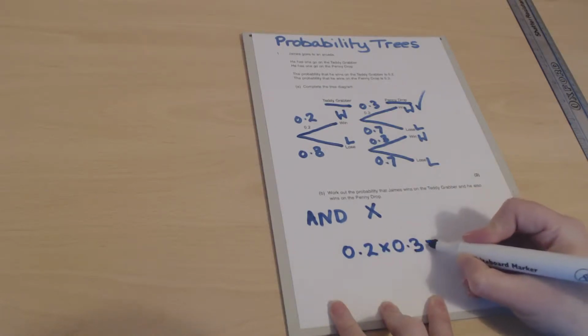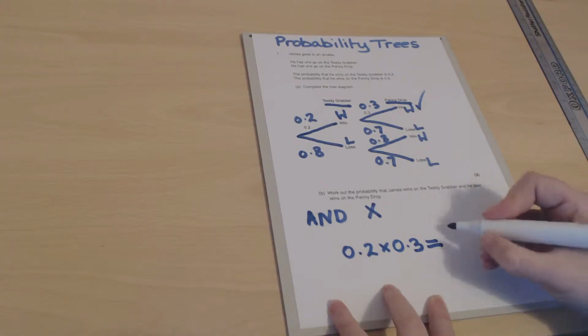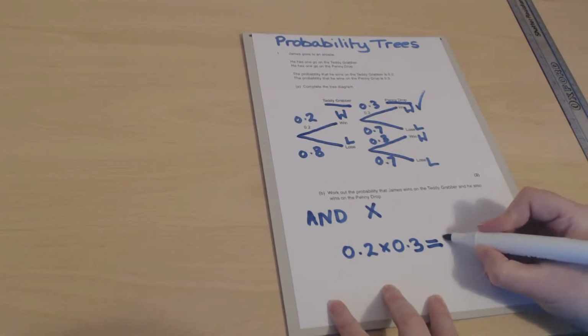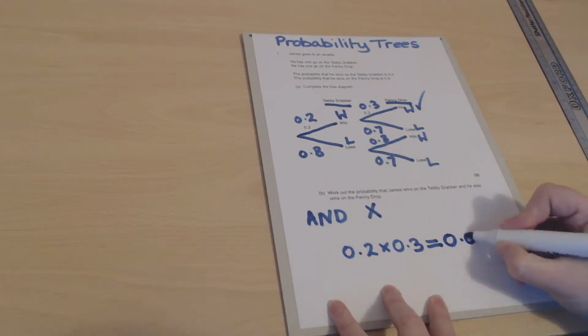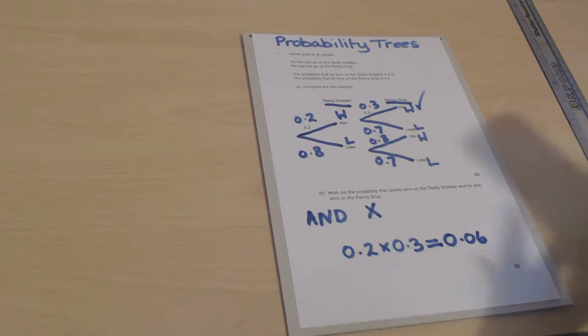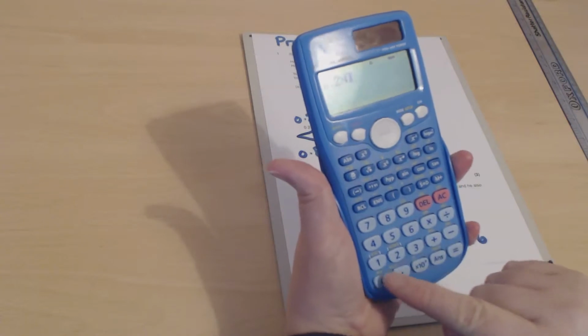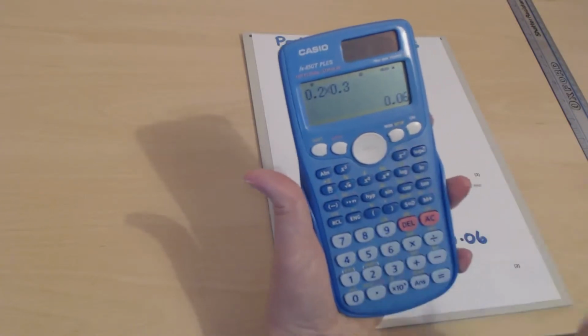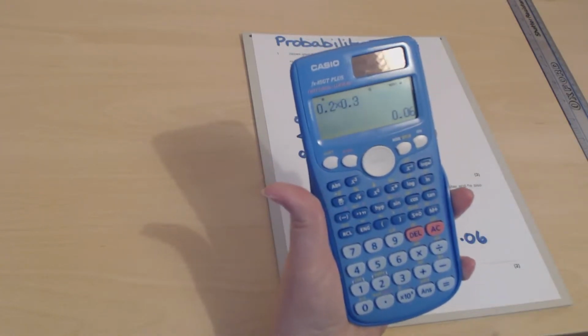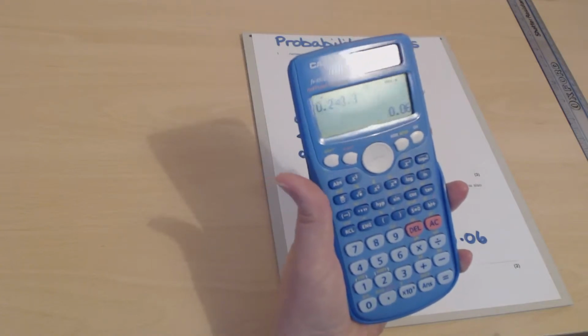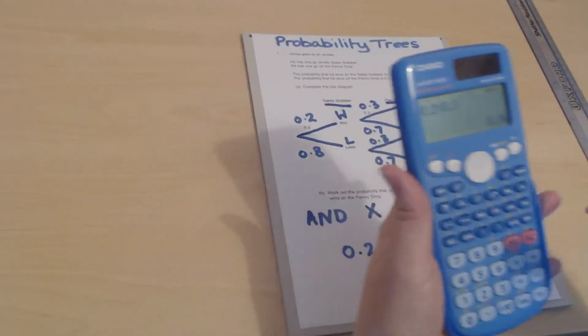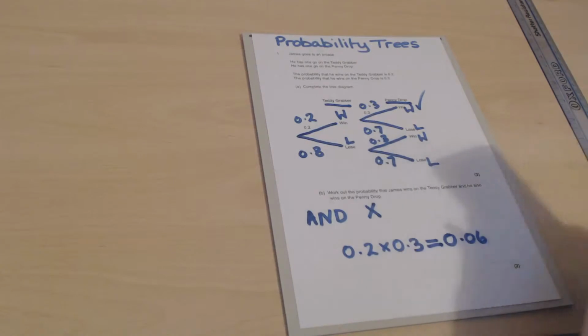So you might have to brush up on your decimals. Okay, so it's not 0.6, but 0.06, just for the doubters among you. So 0.2 times 0.3 gives us 0.06. Okay, so you will need to know your decimals and your fractions to do probabilities.